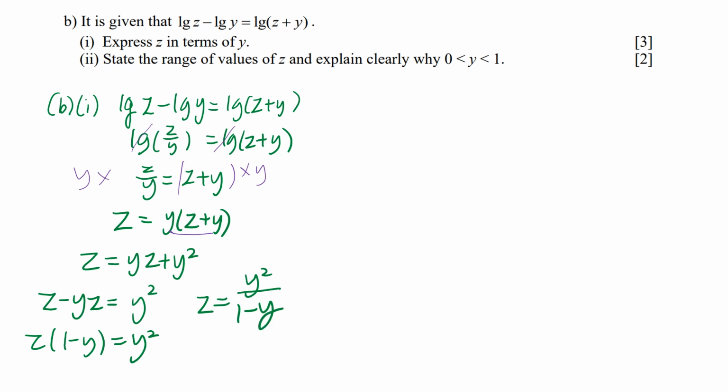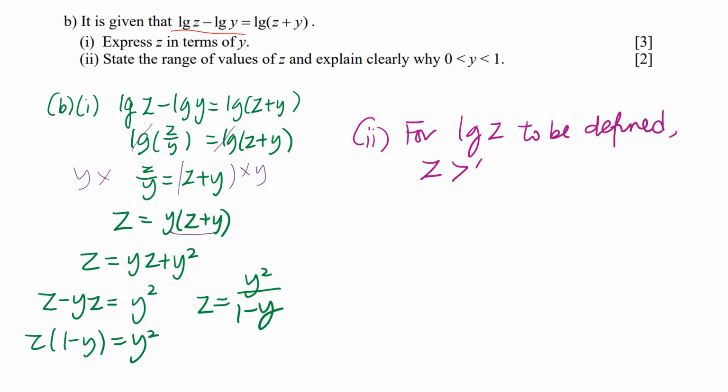B part 2: state the range of values of z. So if you go back to your original logarithmic functions, for log z to be defined, z must be more than 0. Okay, and we know that z is equal to this fraction here. And y squared is a positive value, because when you square something, you get a positive value.